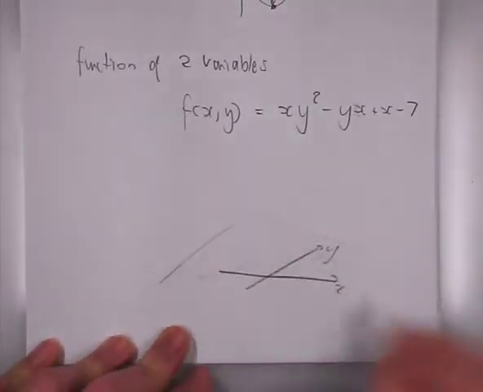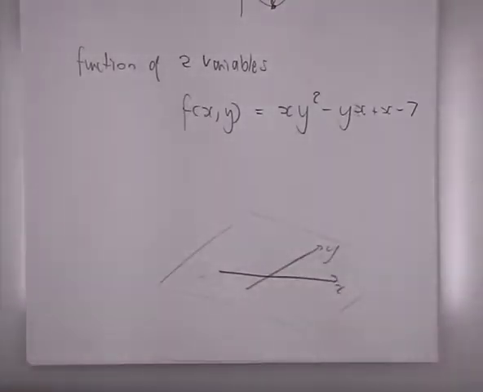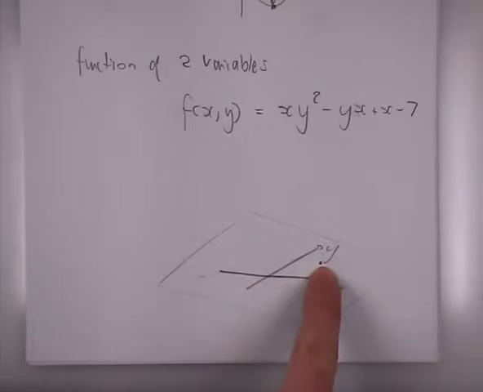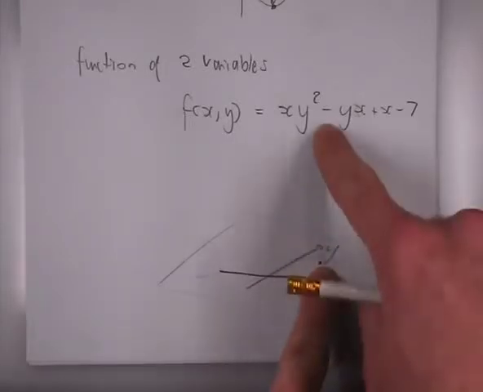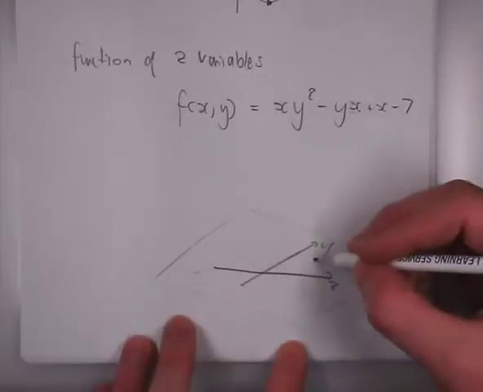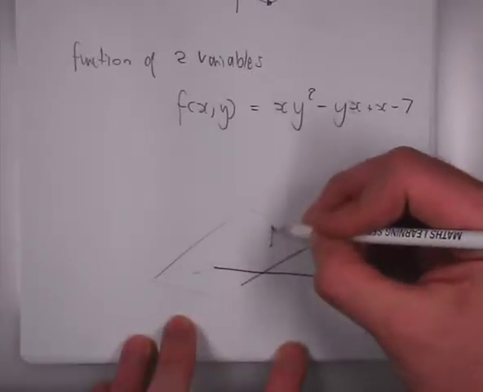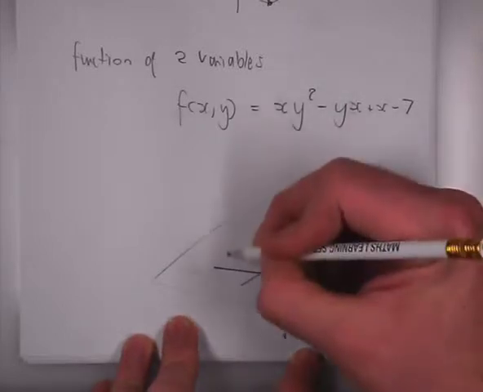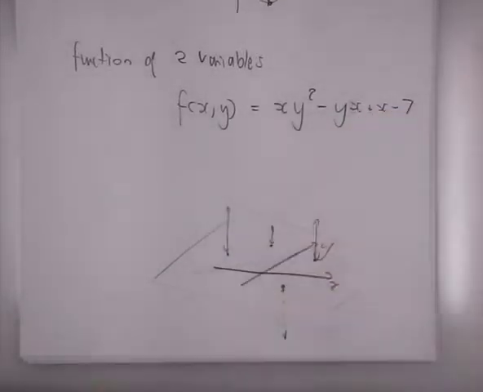There's an x and y axis down here on the table, if you like, and each value of x and y, so you get a point like here, which has a value for x and a value for y, and you sub both of those values into this formula, and it tells you how far up or down to go.